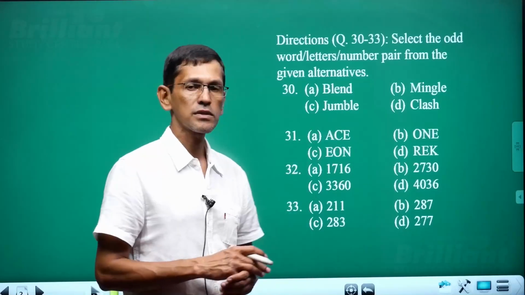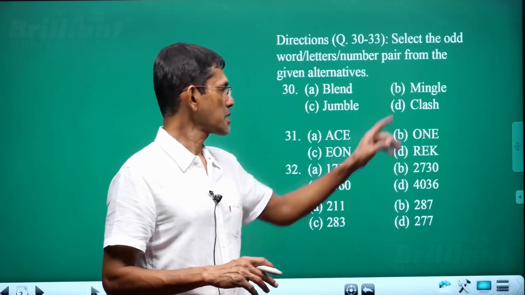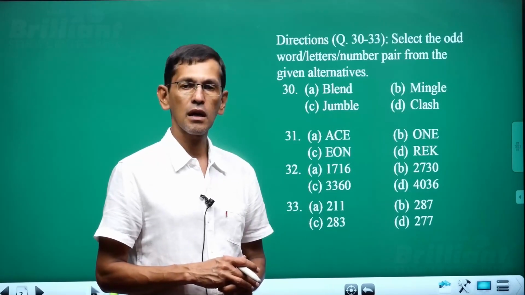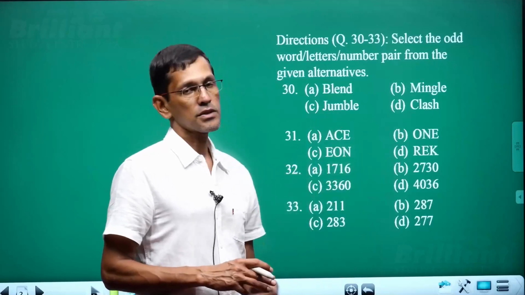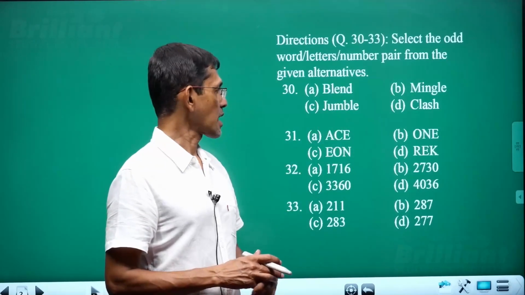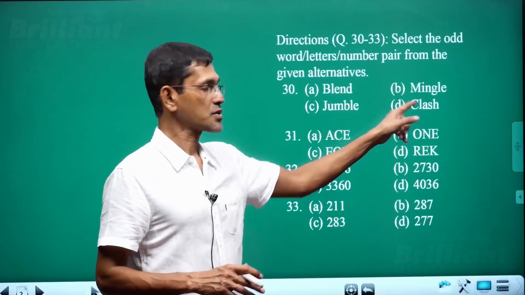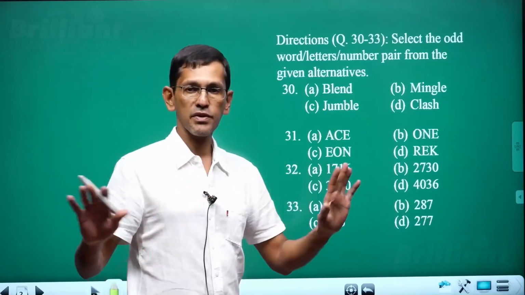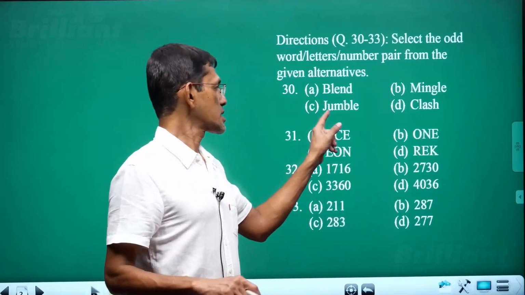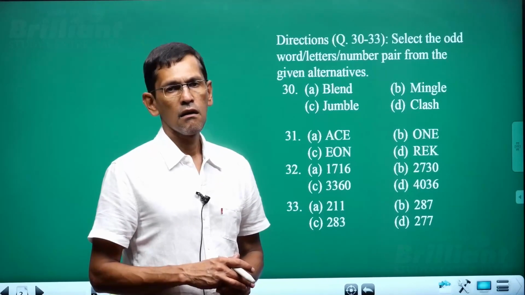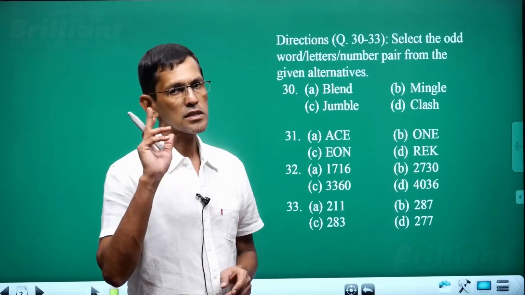However, jumble, what is jumble? Jumble and mingle, is it the same meaning? If jumble and mingle are synonyms, then blend and mingle are synonyms as well. So if jumble and clash are synonyms, then blend and mingle are synonyms, we are 100% sure about that.